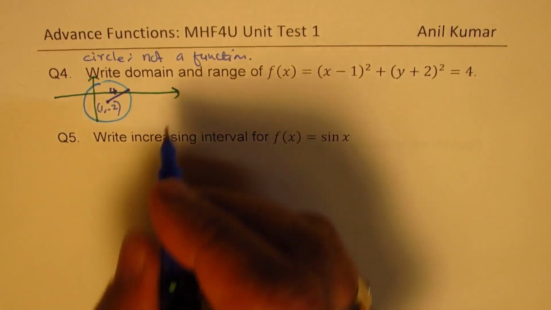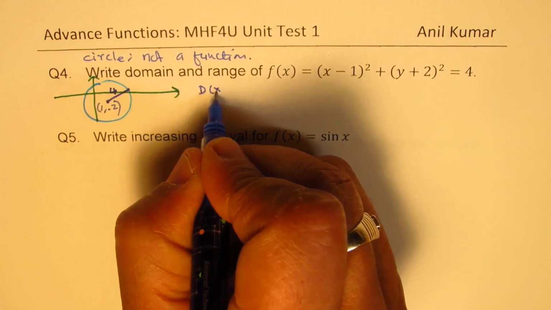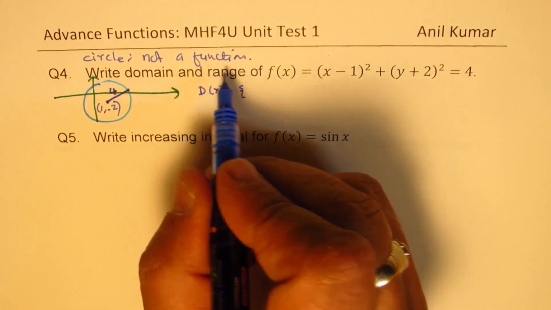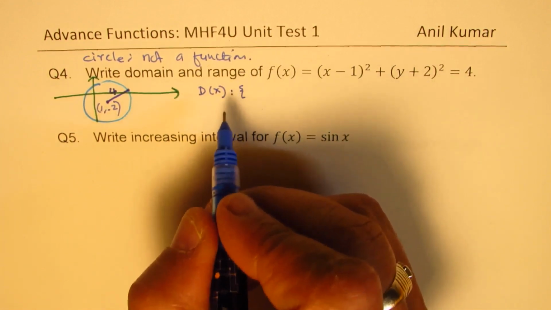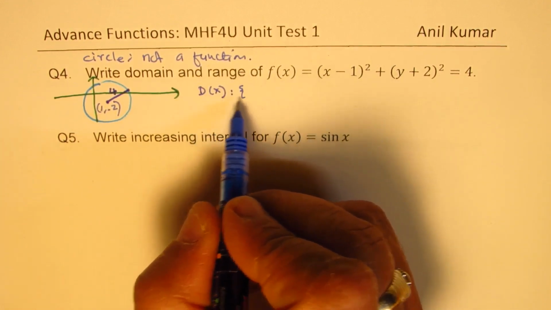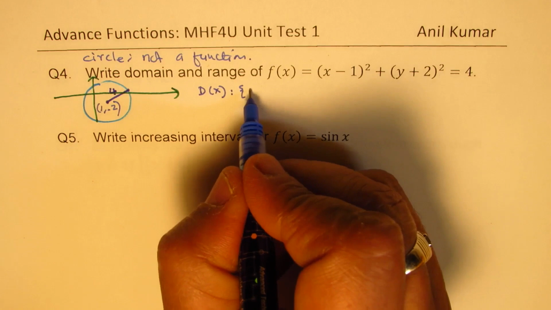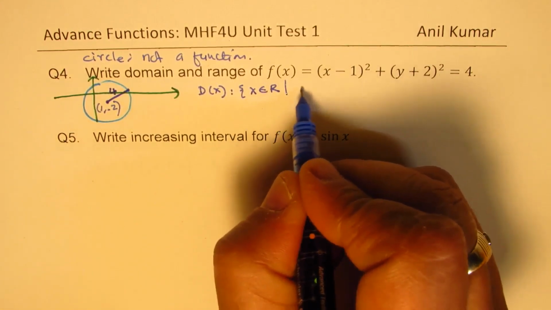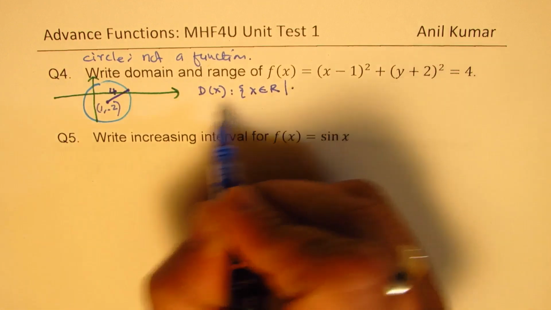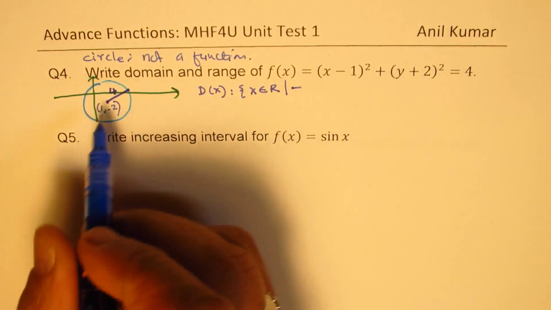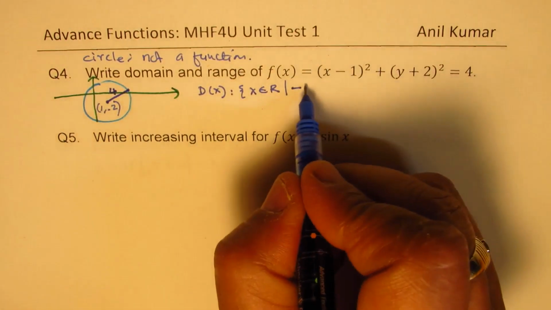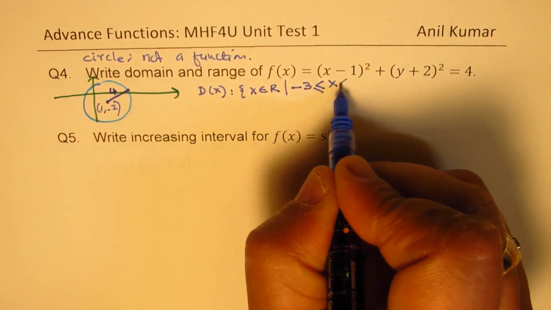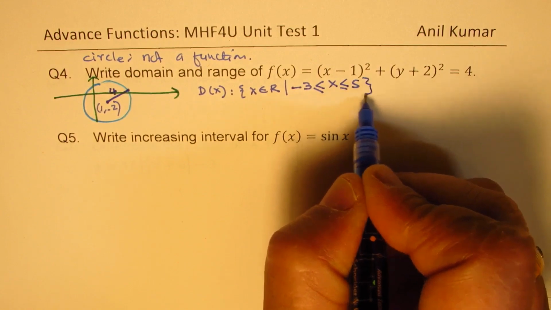So we can write here that the domain of this relation, it is not a function, I'm sorry, is x belongs to real numbers, where x is from minus 3 (it moved 4 units and then 1) to 5, correct?